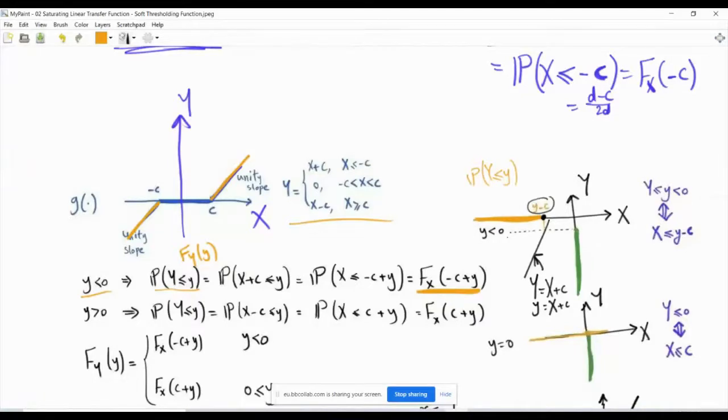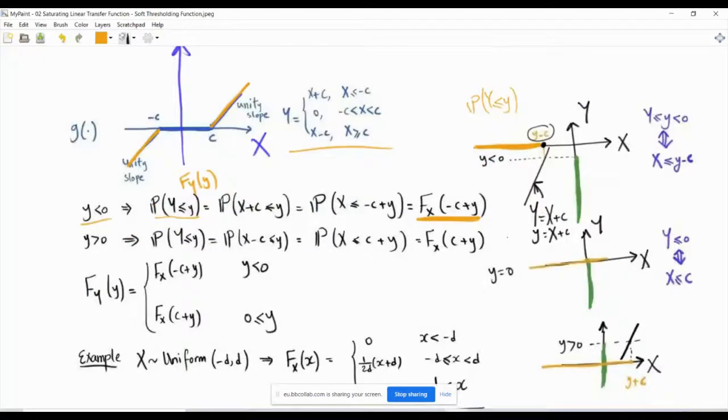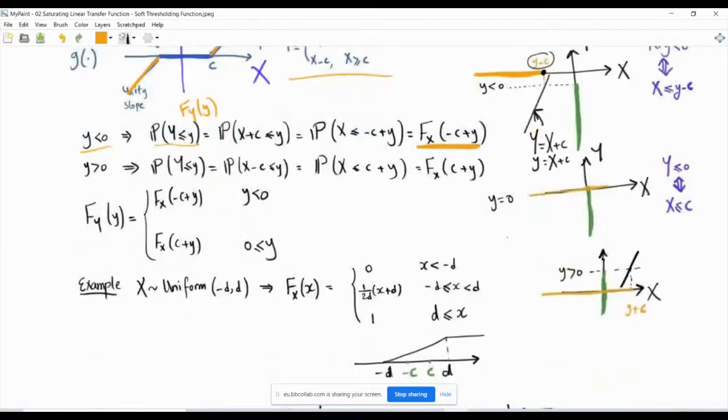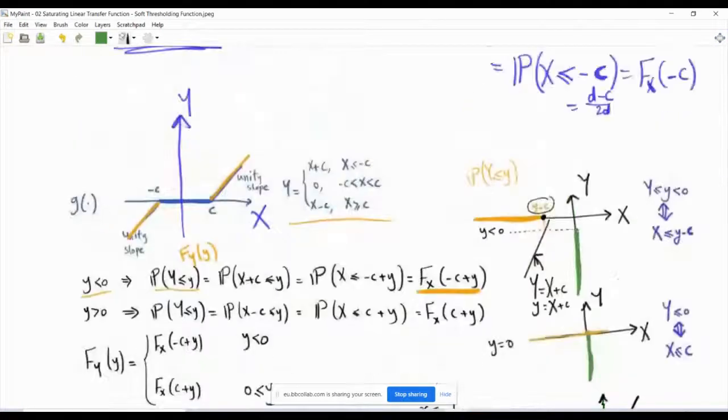Now, what if small y is positive? Again, you are asking, what is the probability that big Y is less than or equal to small y, but now that it's positive? So you are interested in big Y being from minus infinity up to this point, which is small y. Again, what is the corresponding range for random variable X? What is the equation of this straight line? y is equal to x minus c.